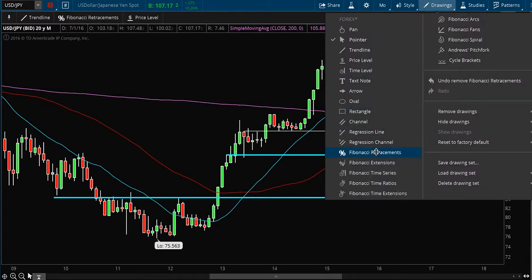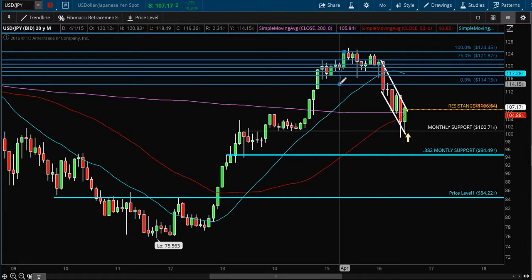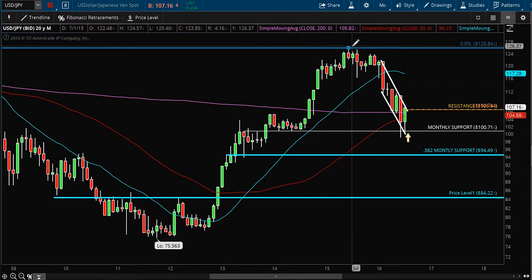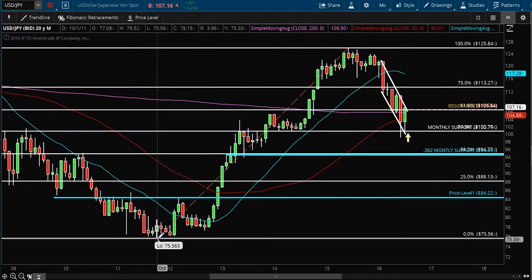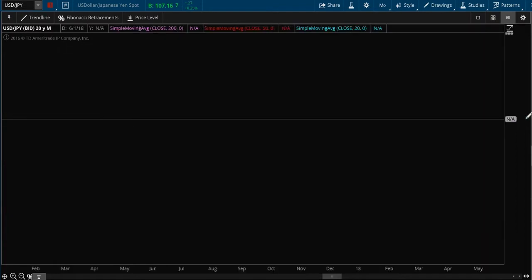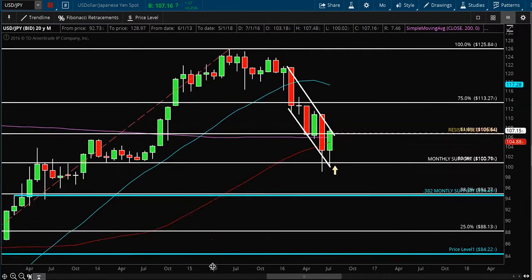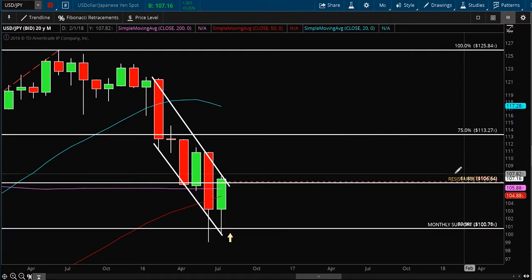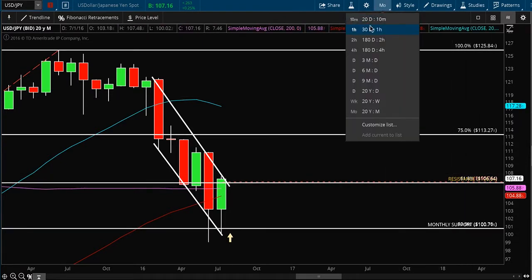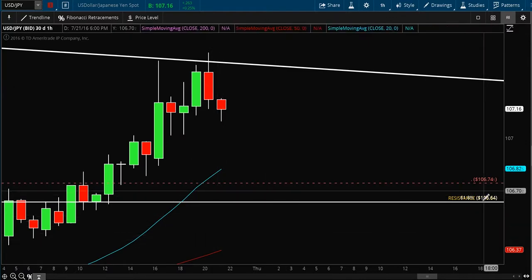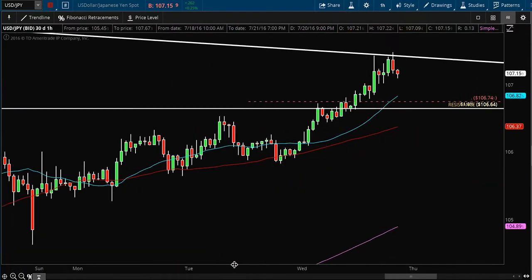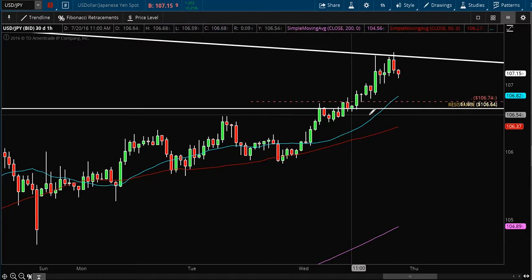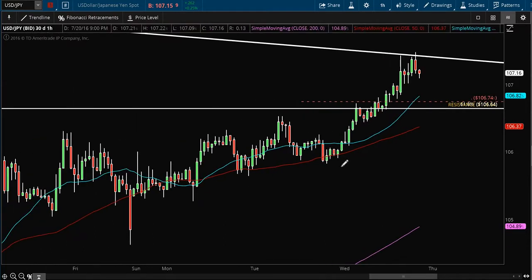I'm going to connect the pivot high to the pivot low, and this level here, you can see right there, 106.64, is the 618 level. So I was looking at that as major resistance on this pair, which is why I took the trade.